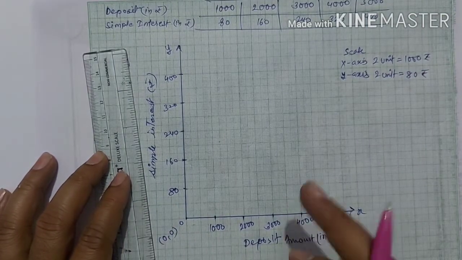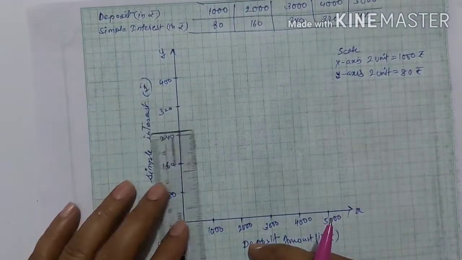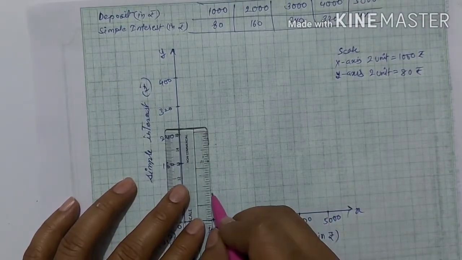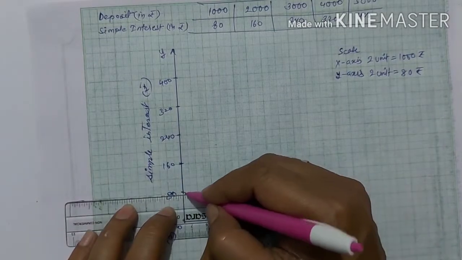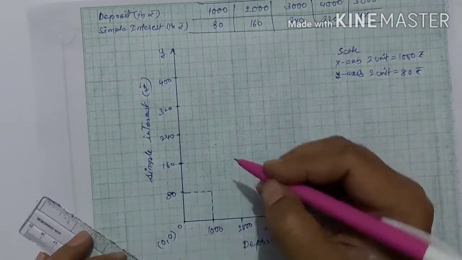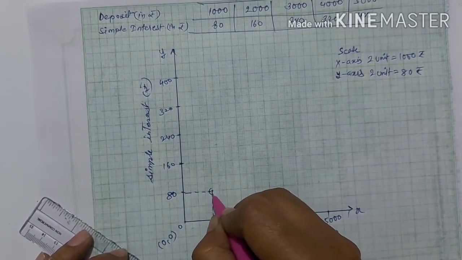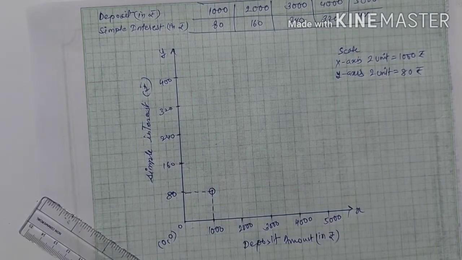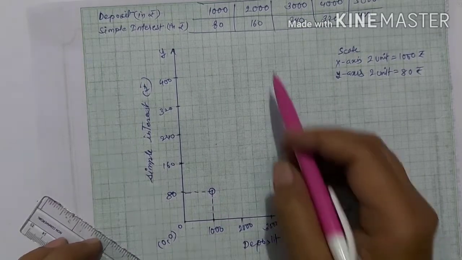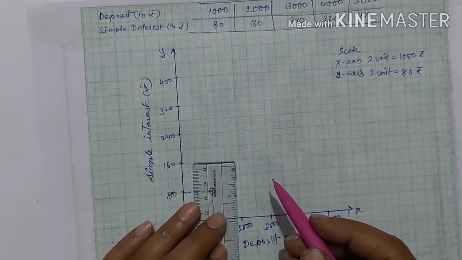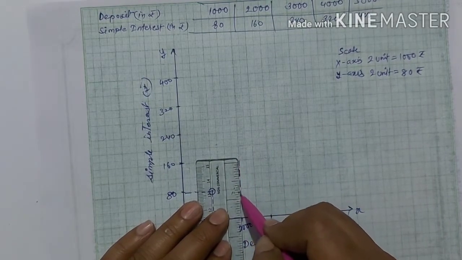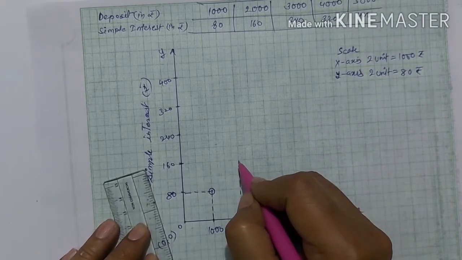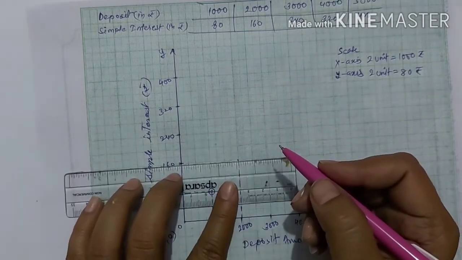Now start the graph. First is 1000 and 80. Draw parallel to the x-axis, and this is the first point. Second is 2000 and 160.